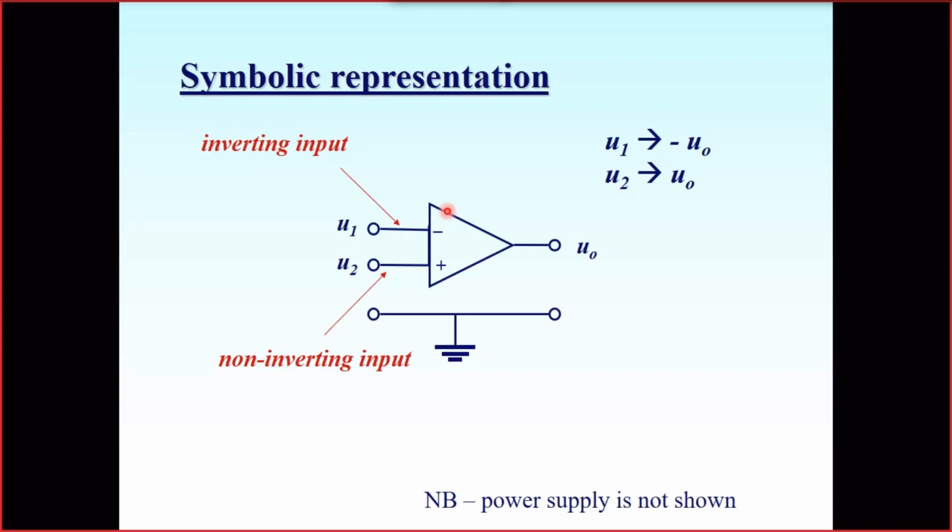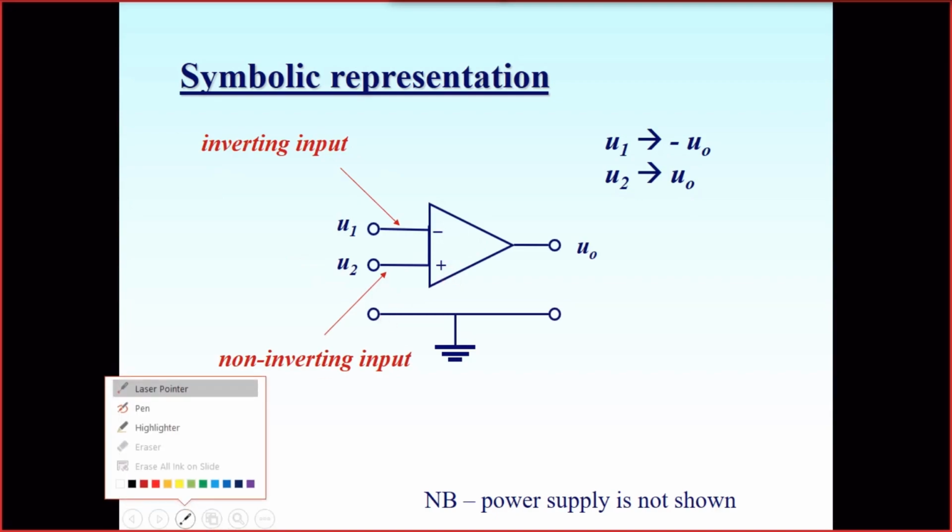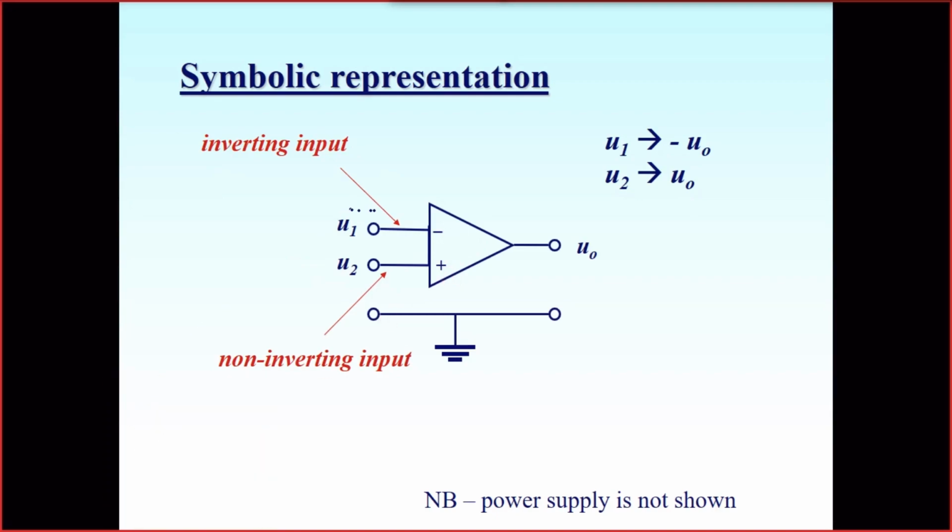Another example is that sometimes we depict the inverting input with a small circle around the input. We don't write plus and minus here, but we just add a small circle on the input. What is the difference between the non-inverting and inverting input?